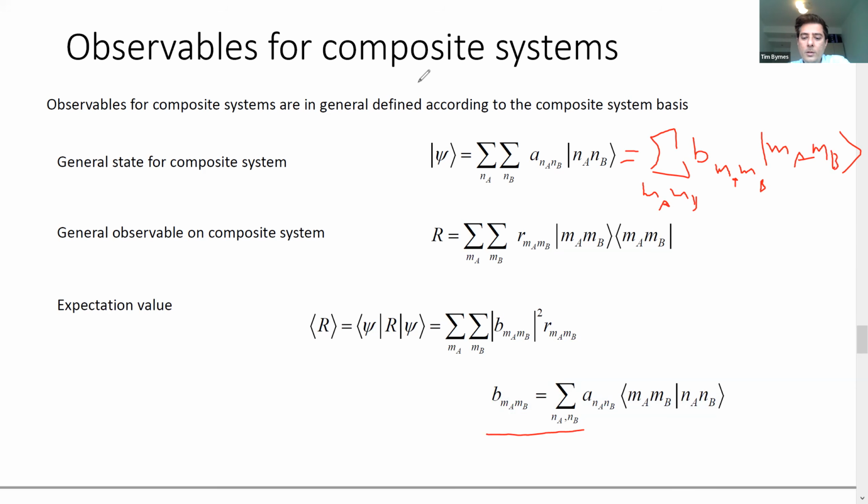We can get an explicit formula for that using exactly the same arguments as we did previously. And then these things here are just your probabilities of getting each outcome, MA and MB, and the R's are just the values that you average over. So we can calculate averages in exactly the same way.